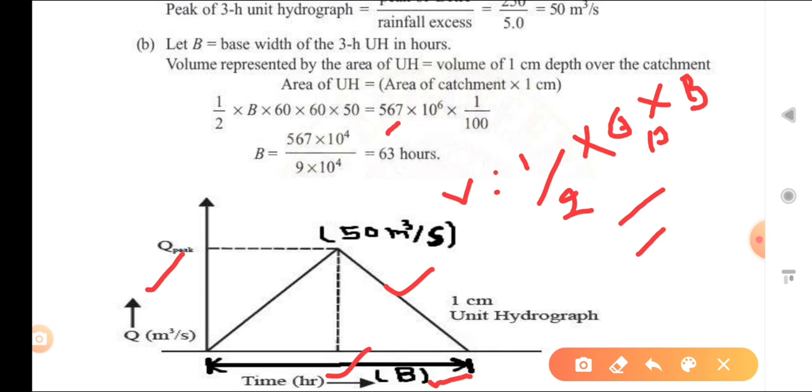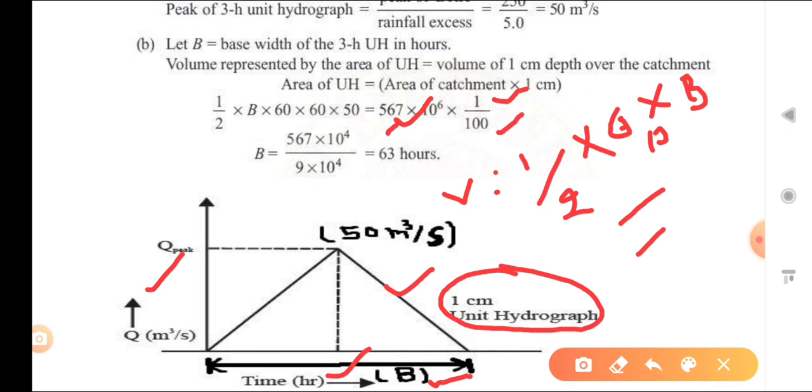So here, the area is 567 kilometer square, so we have to convert it into meter square. That's why we have multiplied by 10 to the power 6. And what is the depth? The unit hydrograph occurs from unit rainfall excess, so the depth is 1 centimeter. But here we are working in meters, so that's why we have divided it by 100.